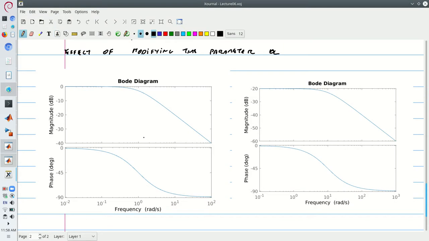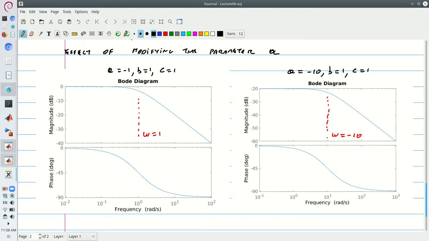And now we can start making a comparison. The comparison here is that this point here is omega equal to 1, and this point here instead is omega equal to 10. Of course, this is a equal to minus 1, b equal to 1, c equal to 1, and this instead is a equal to minus 10, b equal to 1, and c equal to 1.